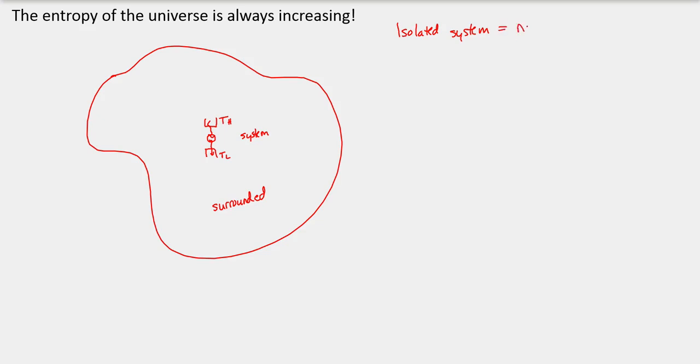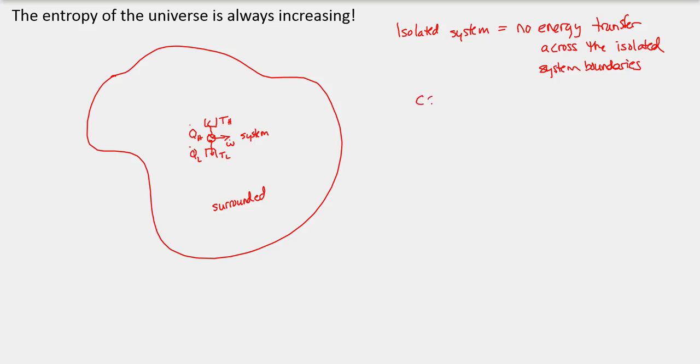So while there's energy transfer within my system, all of this energy transfer is internal to the overall isolated system.